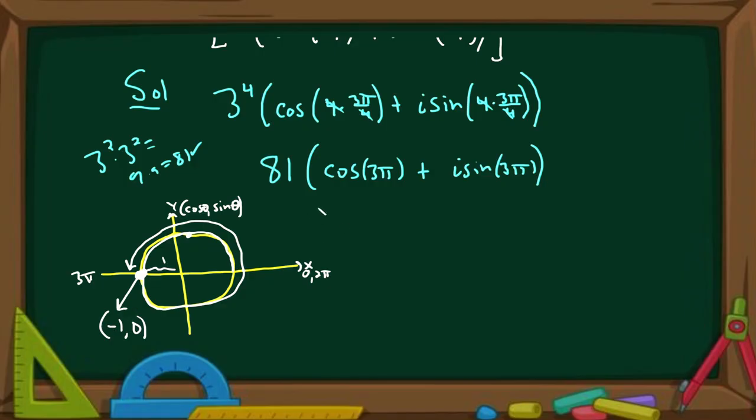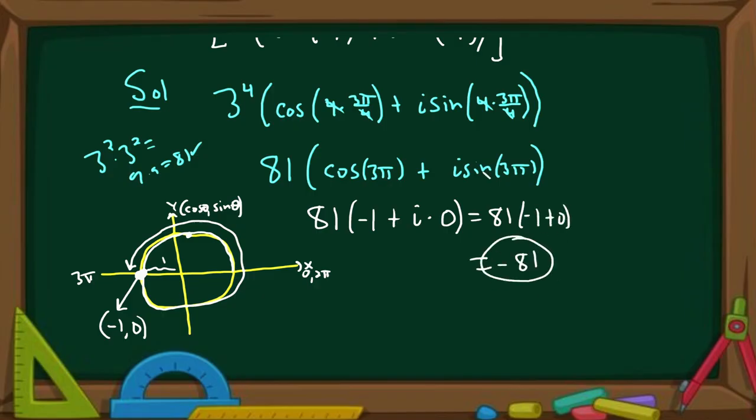So this is 81 times -1 plus i times sine of 3 pi, which is the y-coordinate at 3 pi, which is 0. So we get 81 times -1 plus 0, and so we get the answer of -81, which is really nice. So that's how you use DeMoivre's theorem.